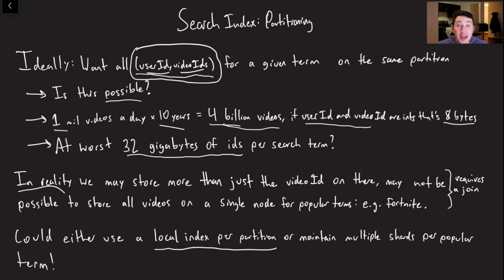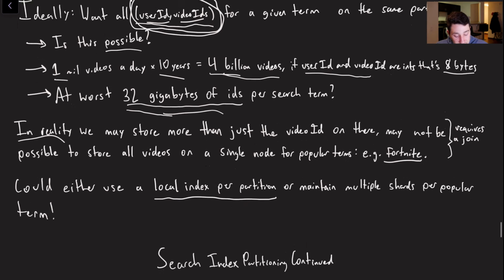Another, perhaps hybrid, option is that we store all the terms on one single node. That being said, for very popular terms, take Fortnite for example, we can do an inner shard on that and keep all the Fortnite documents on a combination of 5 nodes and then have to aggregate those together.